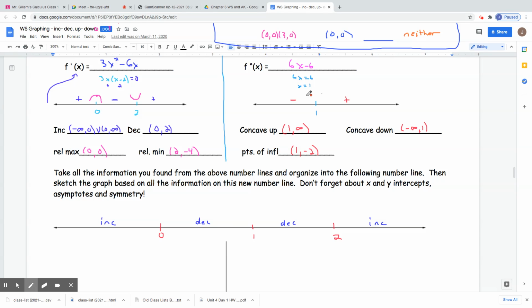All right. On the bottom, I'm going to put concavity. So it was concave up anywhere bigger than 1. So here's 1. So it was concave up here, and anywhere less than 1, it was concave down.